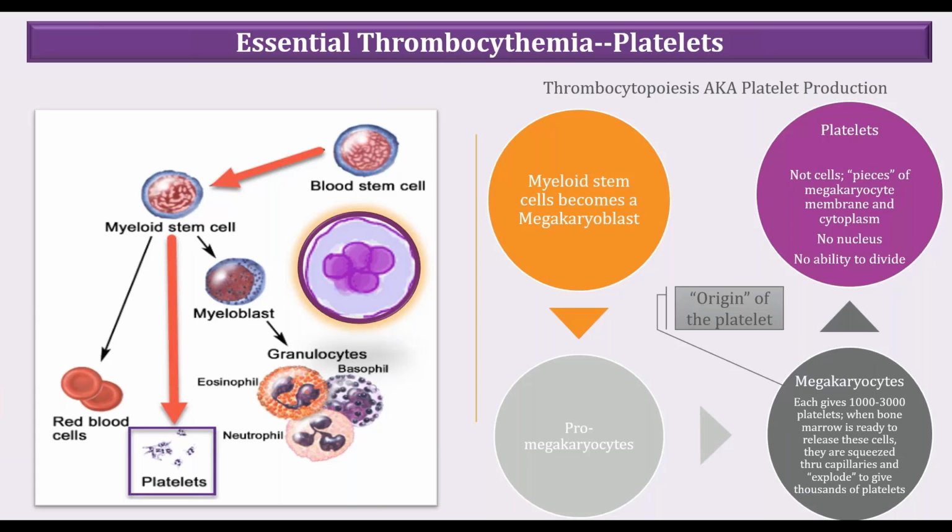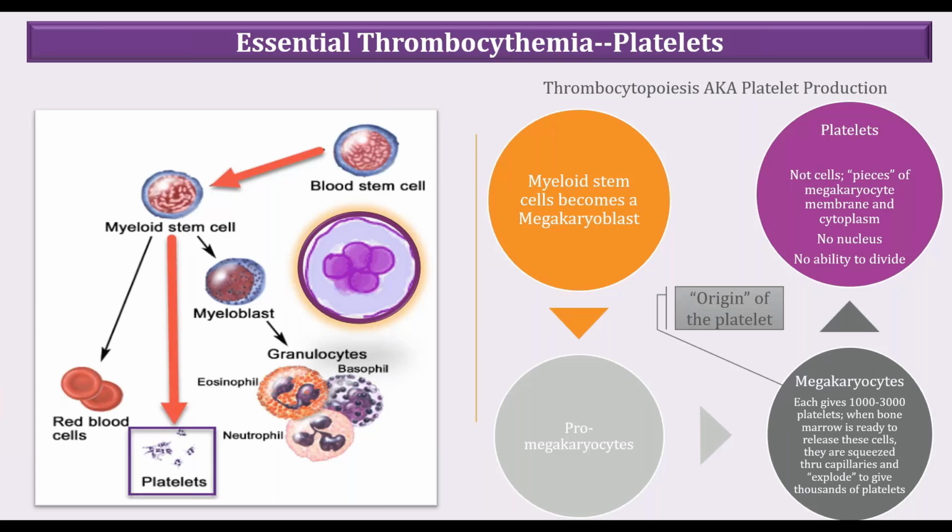So we have a really big mega cell with a single nucleus, and that nucleus actually has multiple lobes. So what's interesting about these cells is that they don't divide, but rather replicate DNA within the same cell. So that's why it gets so big. These cells range from 20 to 100 micrometers and are 10 to 15 times larger than red blood cells. So that gives you an idea of how big they are.